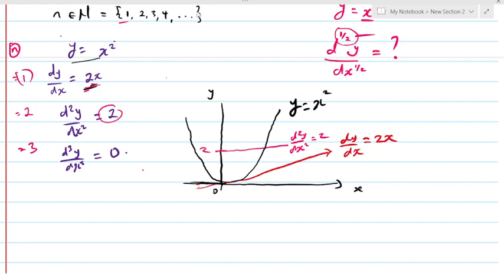So the question is now, we have the first instance, we have x squared, and we have this curve graph. But by the time we differentiate it once, the graph just goes straight to a straight line. So we are not able to find what happened to the system.